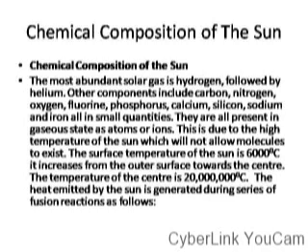The chemistry of the Sun, or otherwise the chemical composition of the Sun. The Sun, like we have said, is made up of gases, and the most abundant gas is hydrogen.